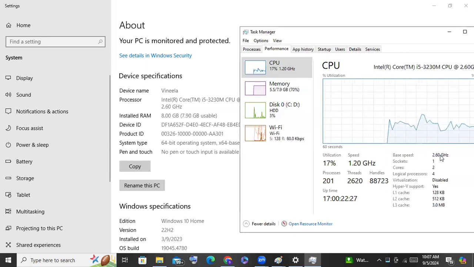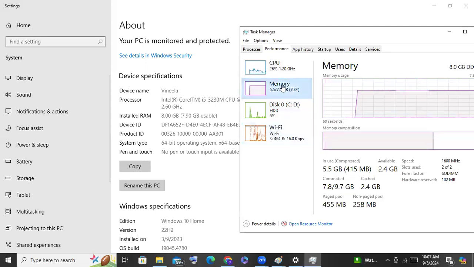So what are the number of logical processors that are there? I have 4 logical processors, and I only have 2 cores. And how much memory do I have? 7.9 GB. I have an 8 GB memory, but 7.9 GB is usable.